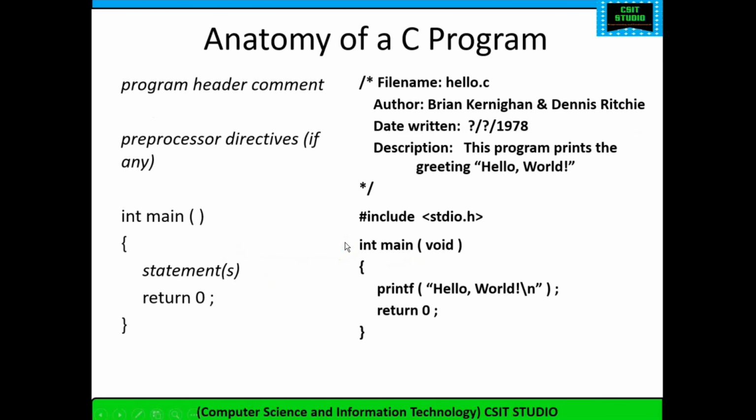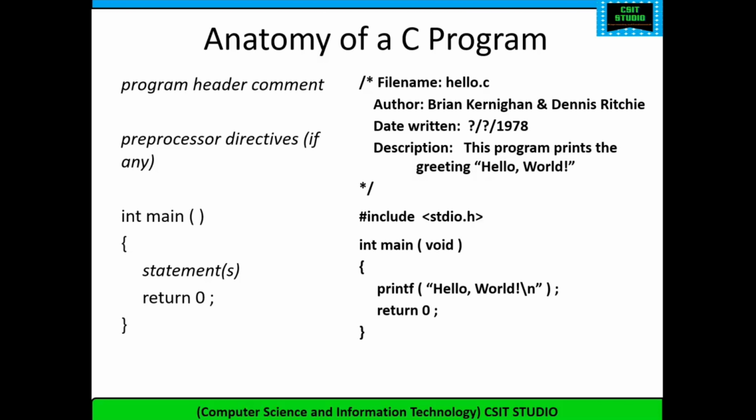Now in this video, we will cover the details of C programs, starting with the anatomy of a C program, and then we'll try to link the concepts we saw in previous videos with this video and other basic concepts of C.